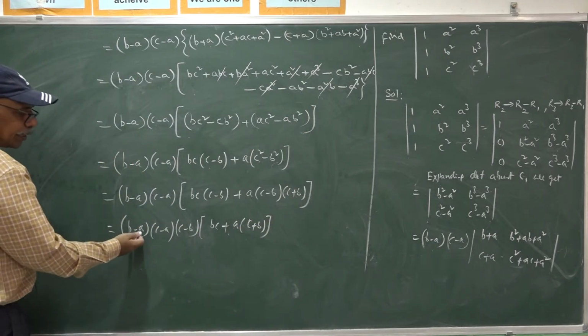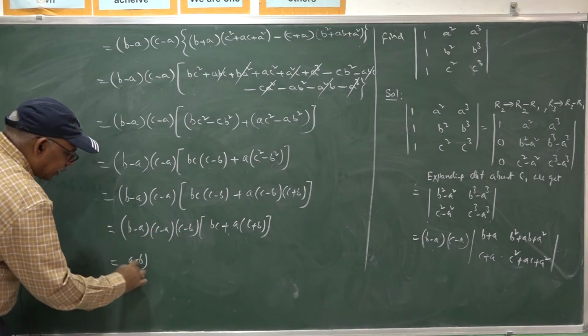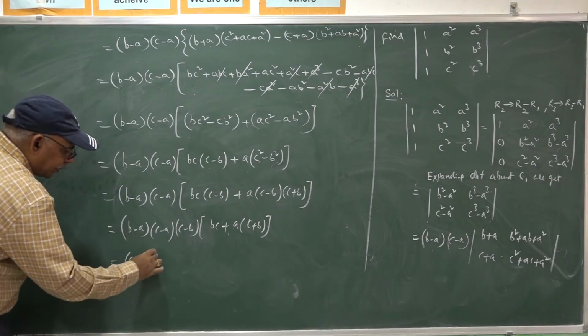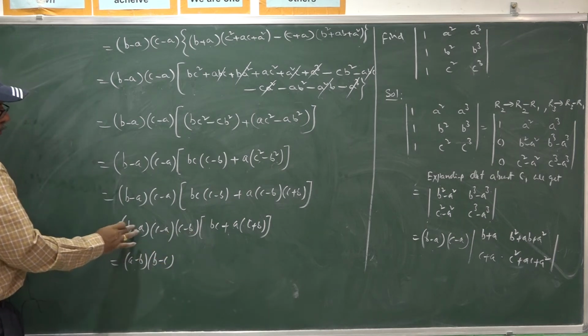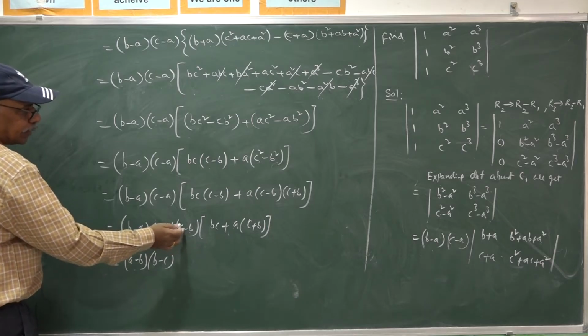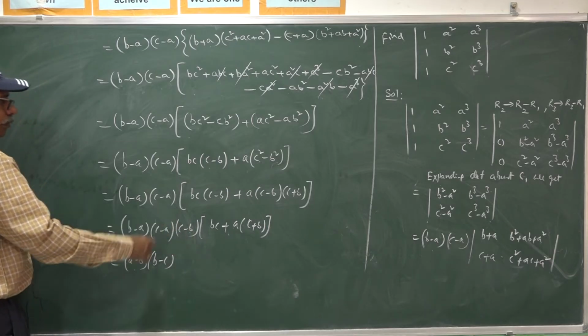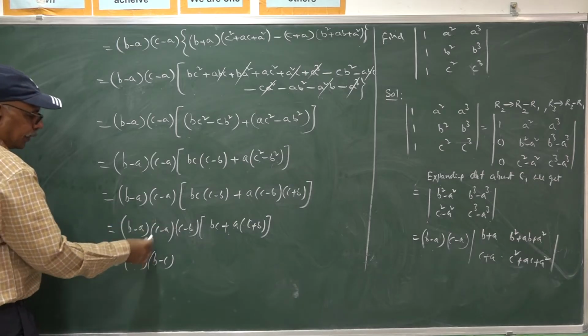Now interchanging the terms in these two factors and writing it in cyclic order, A minus B into B minus C. Once you interchange the terms in this factor, you get a negative. Once you interchange the terms of this other factor, you get one more negative sign, negative into negative is positive.